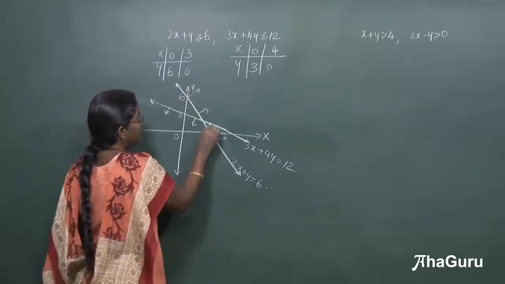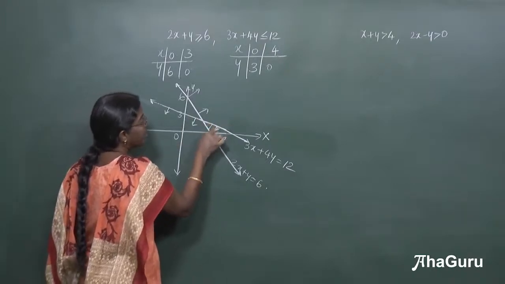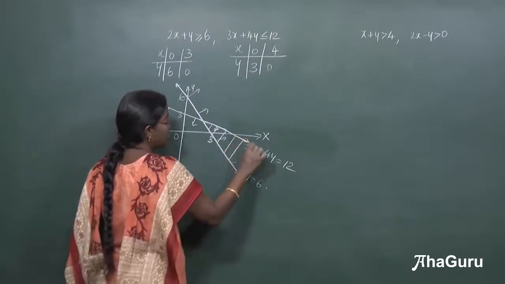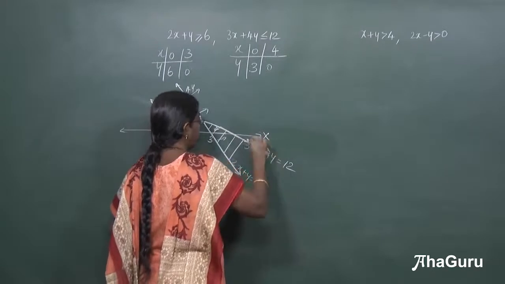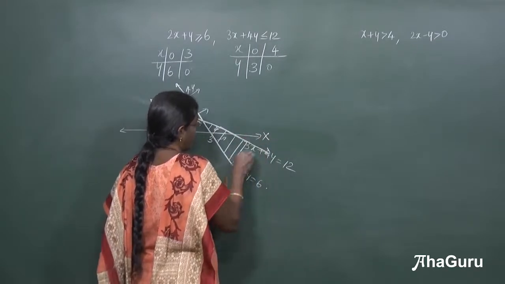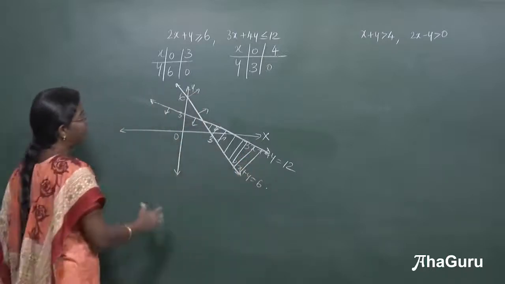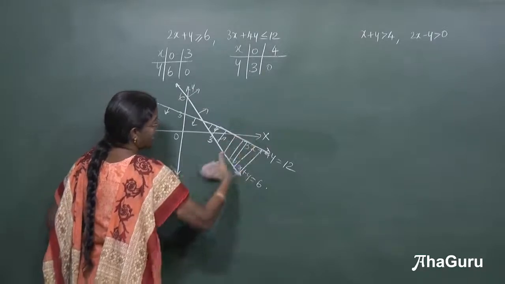So, what happens is the common region for both of them is going to be this complete region. You can even just extend this line a little more. So, this will be the common region. For the first line it is this side, for the second line it is below.